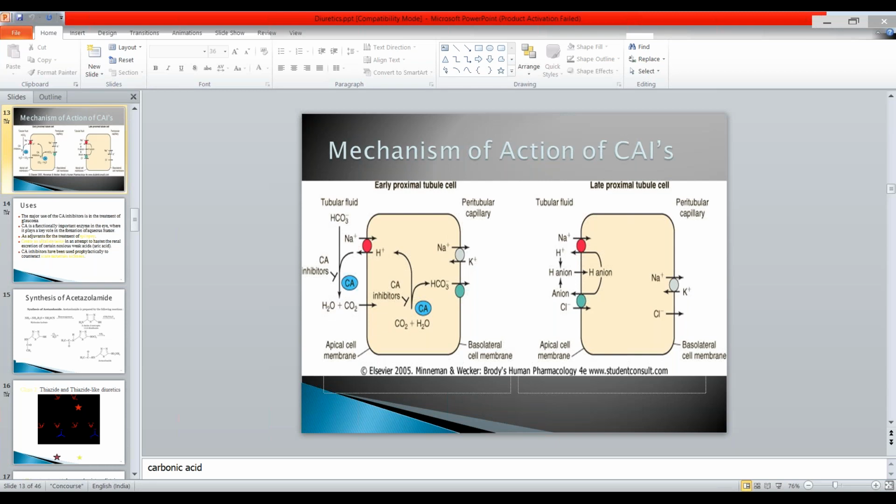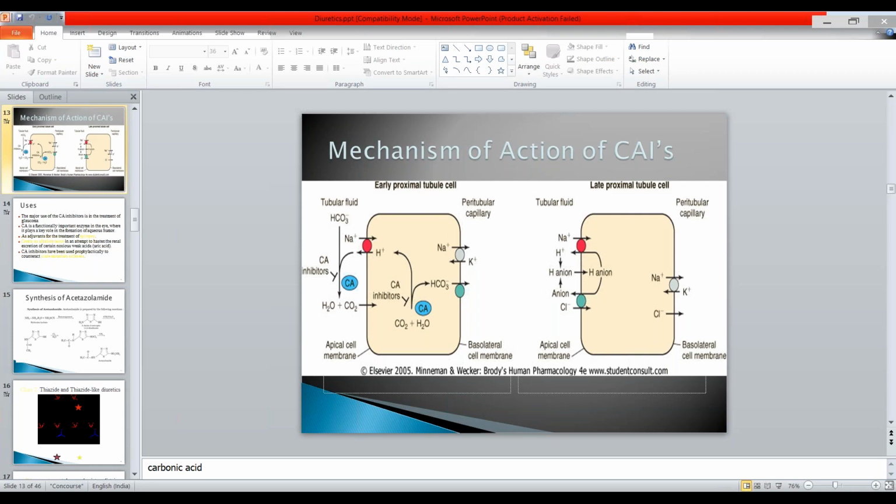Then it is also causing loss of bicarbonate, HCO3 minus ions. So it has a bicarbonaturetic activity. That means NaHCO3, these two ions, Na and HCO3, will not be reabsorbed. And because the pressure has now fallen on site 4, where there are collecting tubules, the potassium ions are getting lost, and this is called kaliuretic, meaning potassium ion is also moving out of the body. So this becomes a sort of disadvantage.